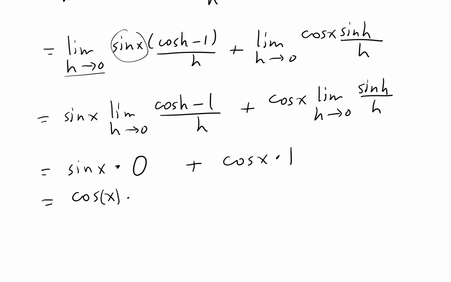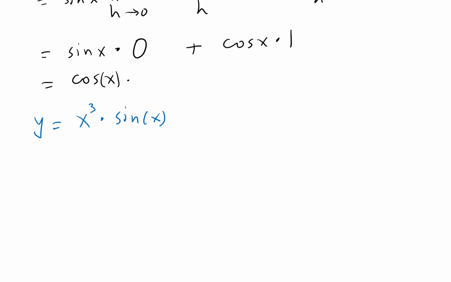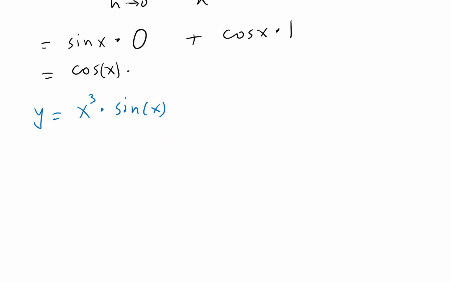And to apply something like this, we look at an example, y equals x cubed times sine x. Since you heard the word times, that reminds us about the product rule. The first step is to use the product rule, which says you find the derivative of the first one times the second one plus the first one times the derivative of the second one.